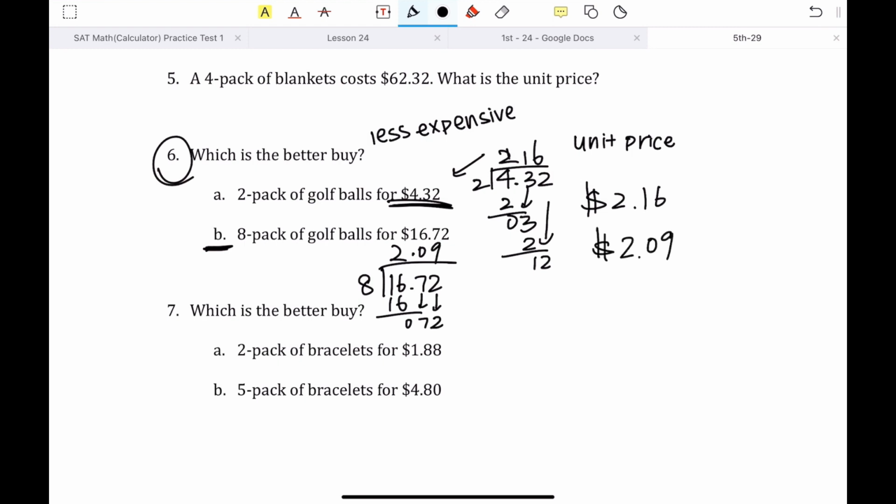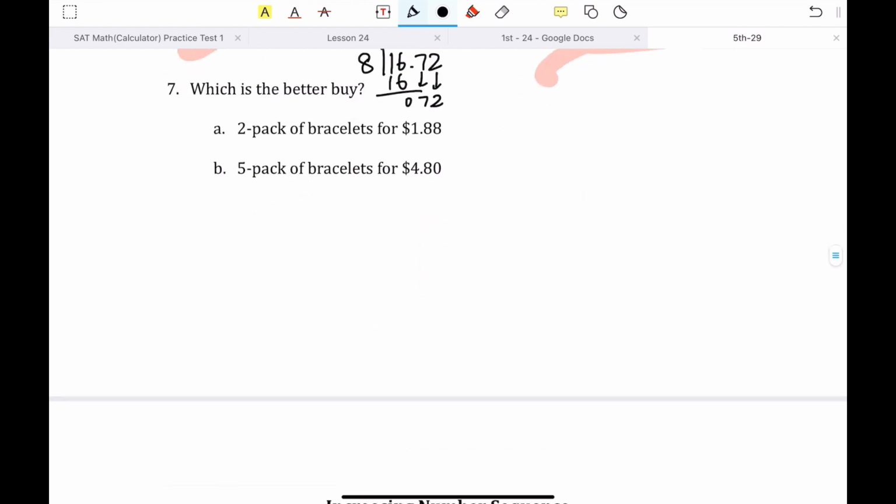Now from here, we see which one is less expensive. $2.09 is less expensive, so pack B is a better price. You can't just determine it based on $4.32 and $16.72, because the unit price really tells you which one is a better buy.